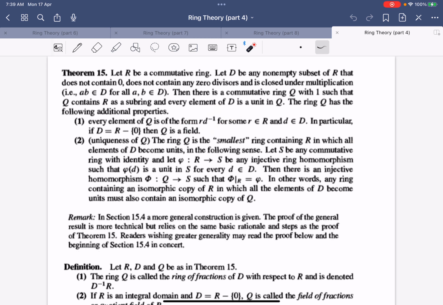And in particular, if D equals R minus 0, then Q is a field. What this really means is that if D is the set R minus 0, then R is an integral domain since it does not contain any zero divisors, and thus Q is a field.